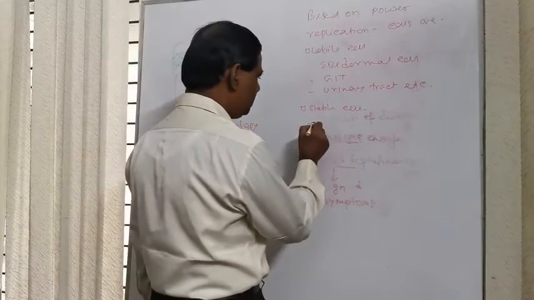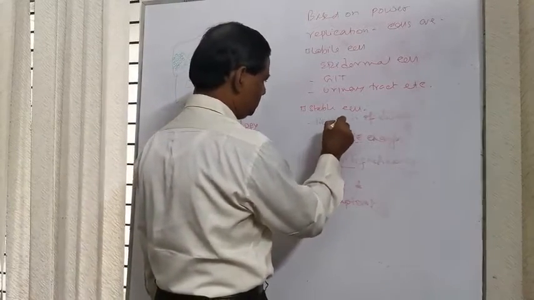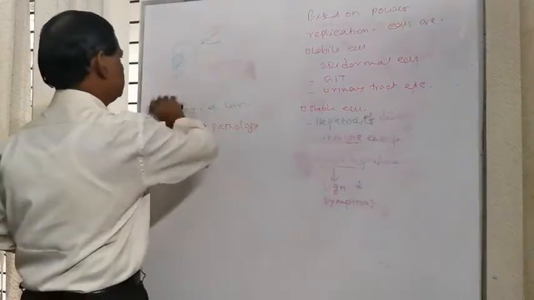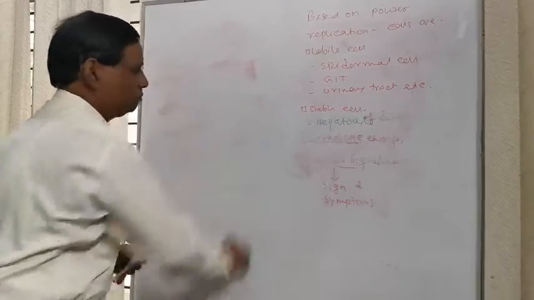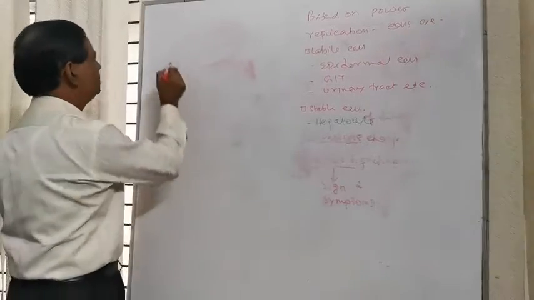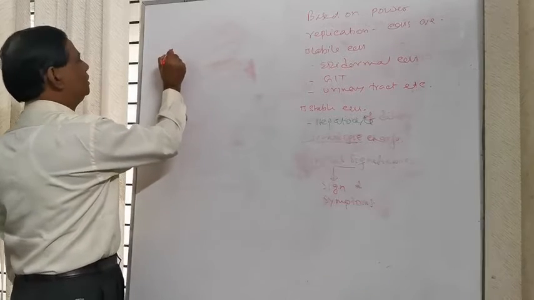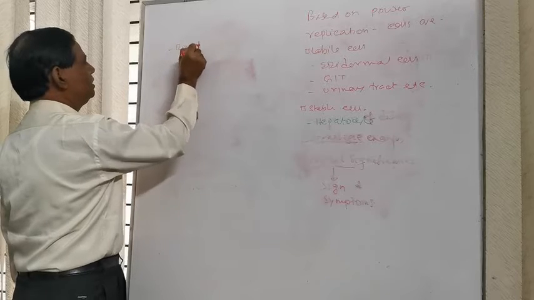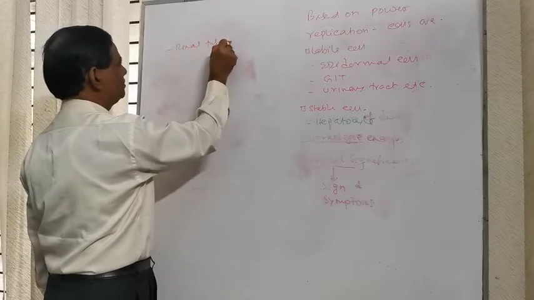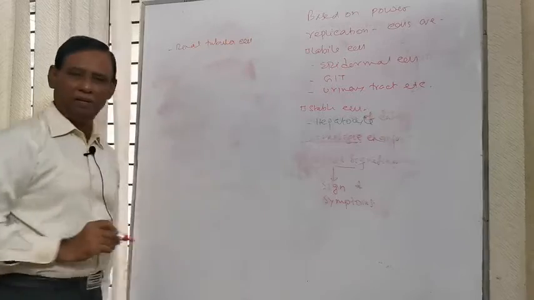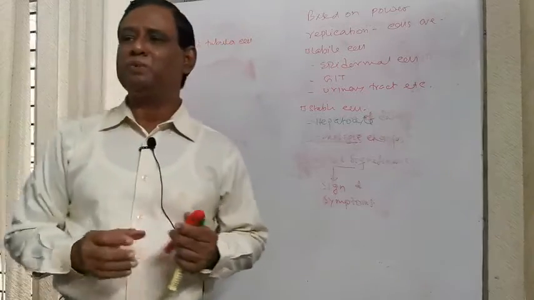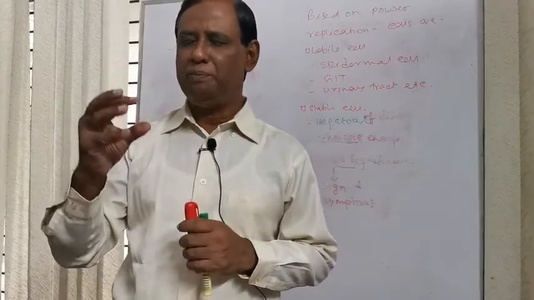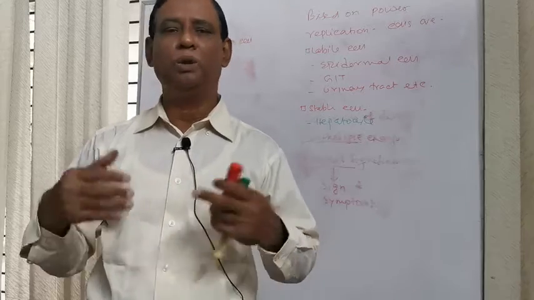So, example, hepatocyte. Another example is renal tubular cell, etc. Suppose anybody suffers from necrosis in the liver or liver abscess, some hepatocytes undergo destruction, undergo loss.